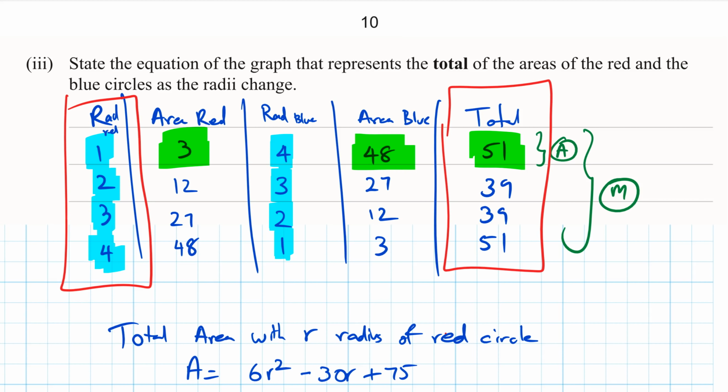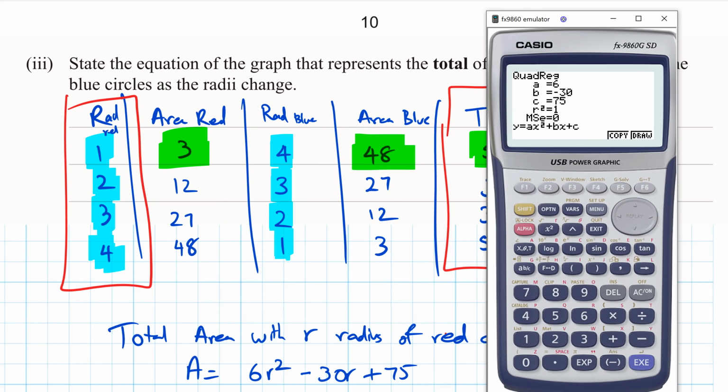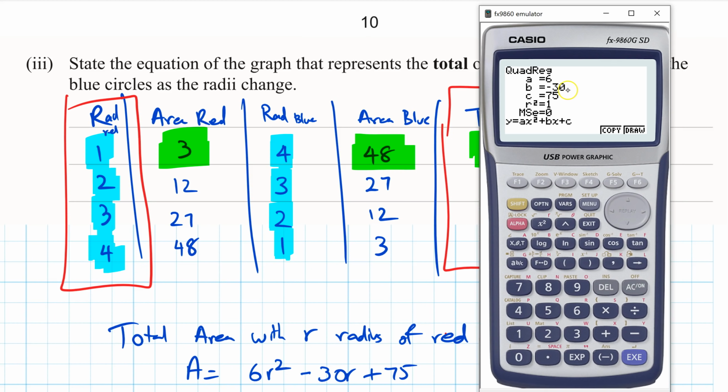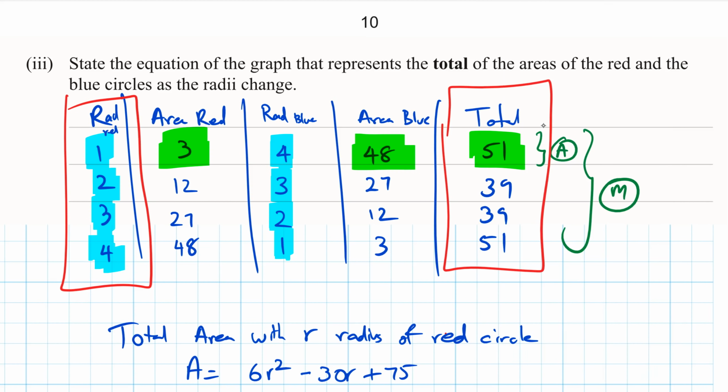If you have a look at those ABC values, you've got 6, negative 30, and 75, and I've just written that down as is. Okay, so you need to do that to get that final grade of excellence. All right, so let's go to the last part of this question.